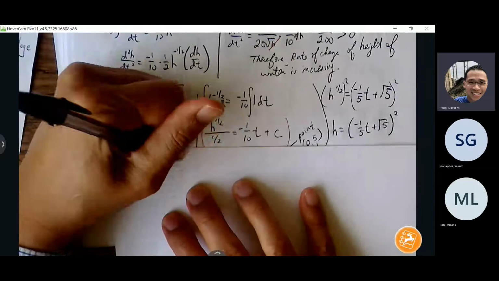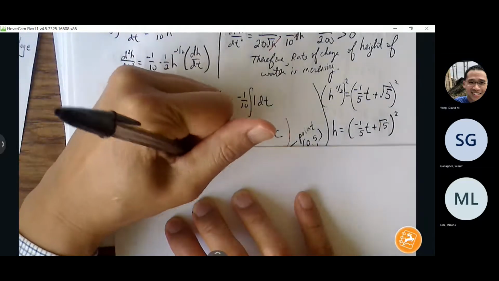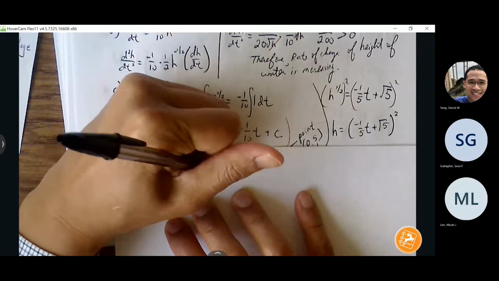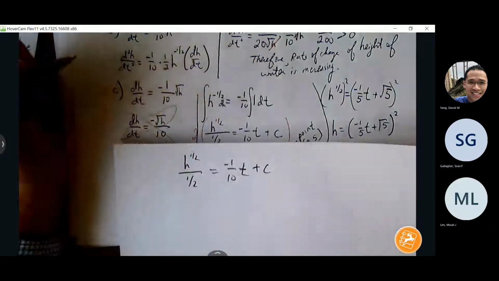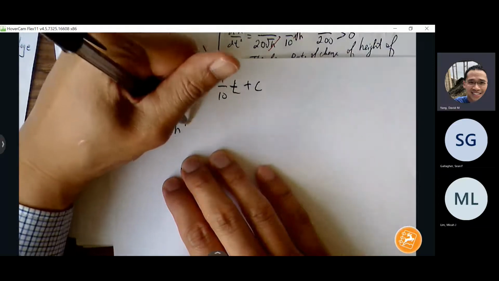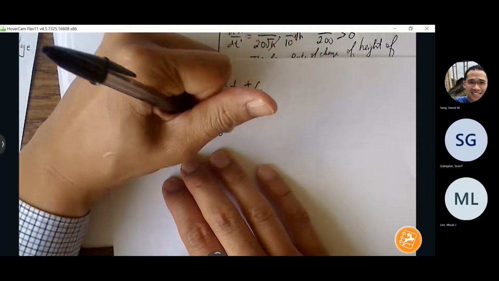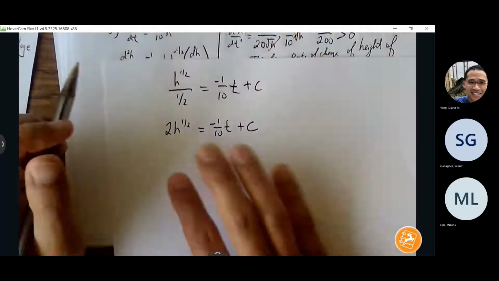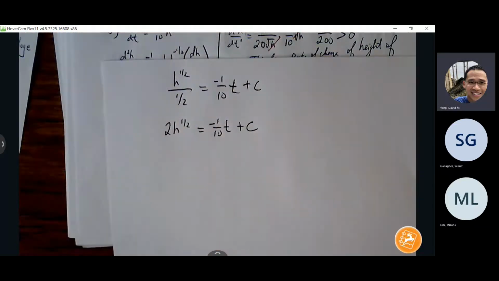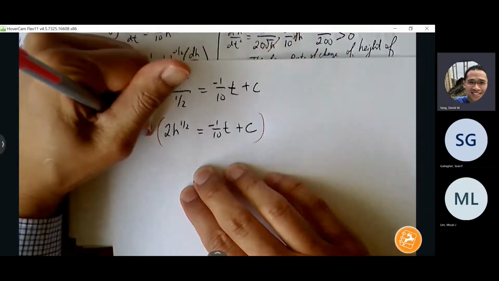This h to the 1/2 over 1/2 is really a 2, and I multiplied everything through without first cleaning up. Okay, so from here, if I divide everything by 2, it's a little bit cleaner. Let me do that. Divide everything by 2, multiply everything by 1/2.